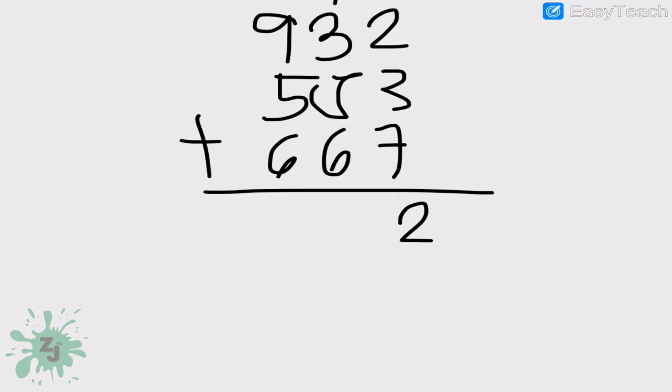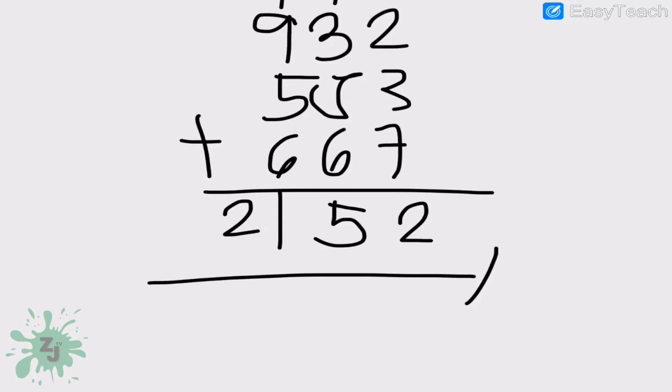Next step, 3 plus 5 is 8. 8 plus 6 is 14, plus 1, that would be 15. Carry 1. 9 plus 5 is 14, plus 6 is equal to 20, plus 1 is 21. There you have it. That is the answer, 2152.